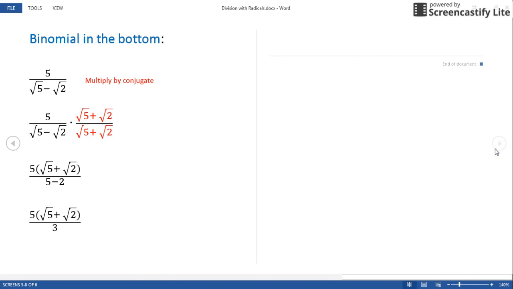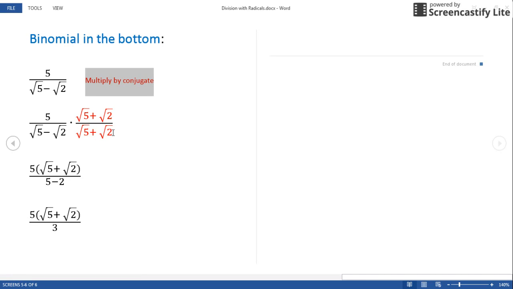Well, what if we have two terms in the bottom, a binomial like the one here? With a binomial, we can get rid of the radicals by multiplying by the conjugate. Remember that the conjugate is the exact same stuff, just the opposite sign in the middle. So the conjugate for square root of 5 minus square root of 2 is the square root of 5 plus the square root of 2.